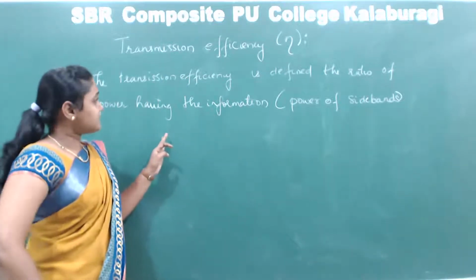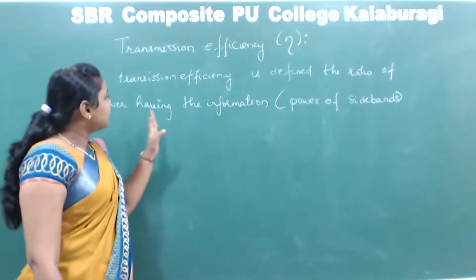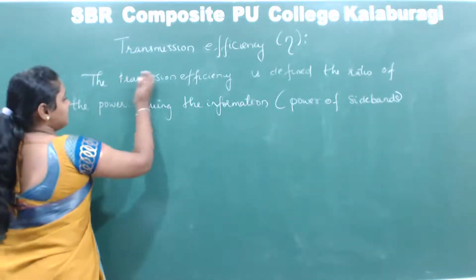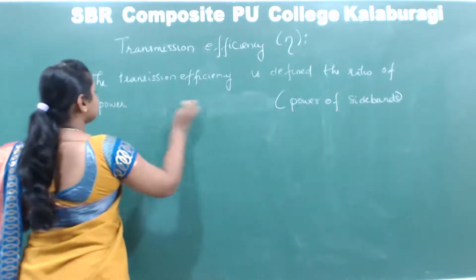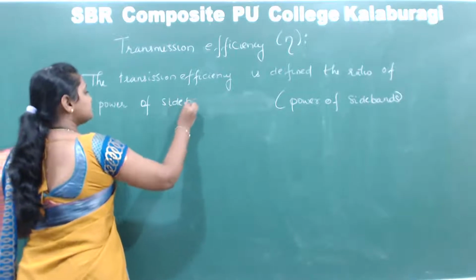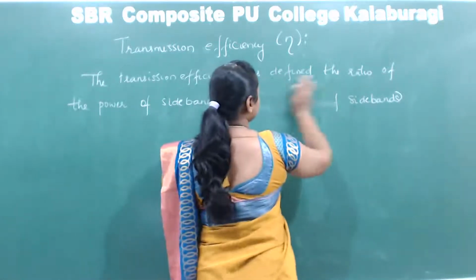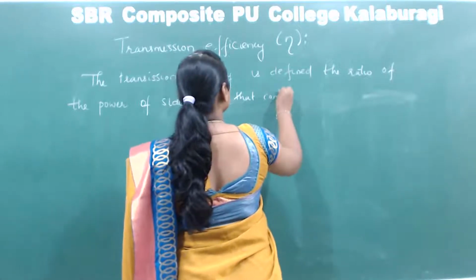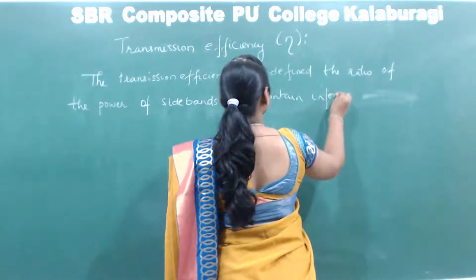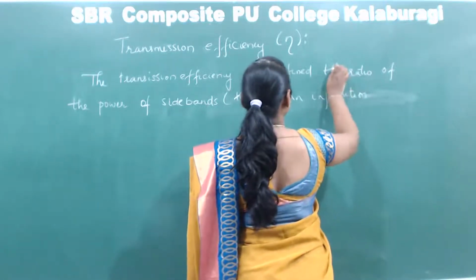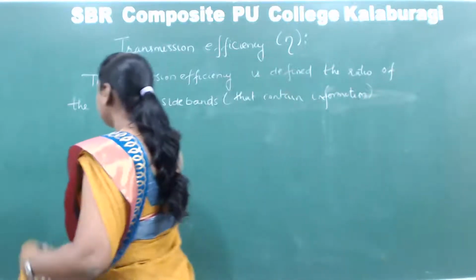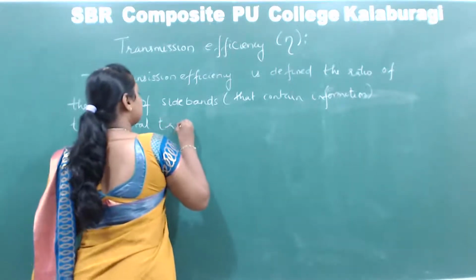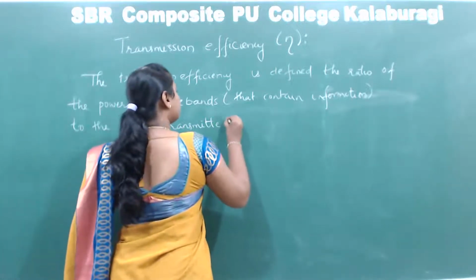That's why it is the ratio of the power of the sidebands that contain information to the total transmitted power.